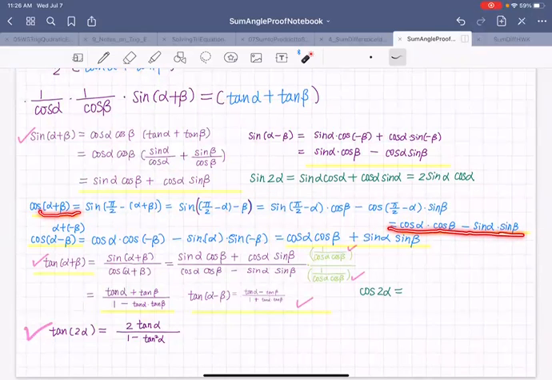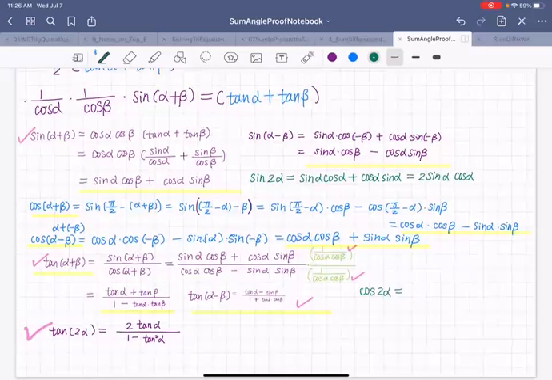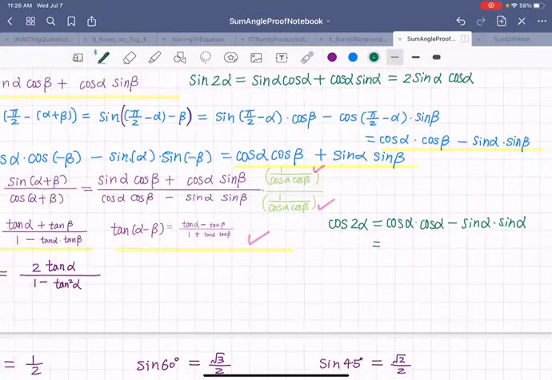If alpha and beta are equal, cosine 2 alpha equals cosine alpha times cosine alpha minus sine alpha times sine alpha. This equals cosine square alpha minus sine square alpha.